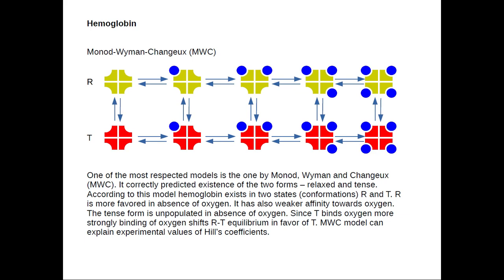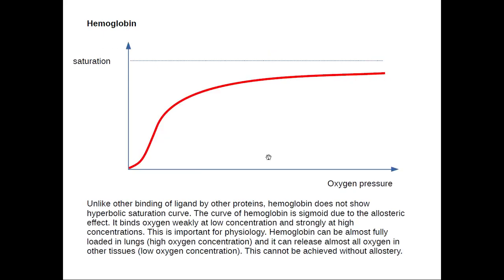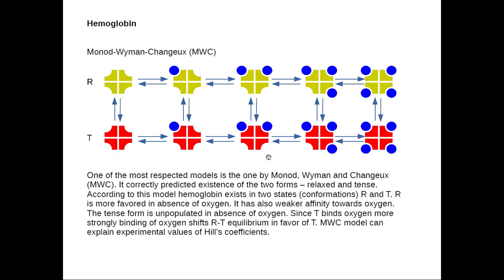Or eventually it's possible to assume that the tense state doesn't bind oxygen at all. So we would have just 2 different equilibrium constants, and with this we can already get this sigmoid shape.